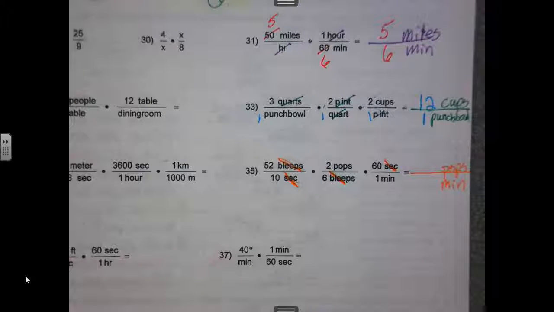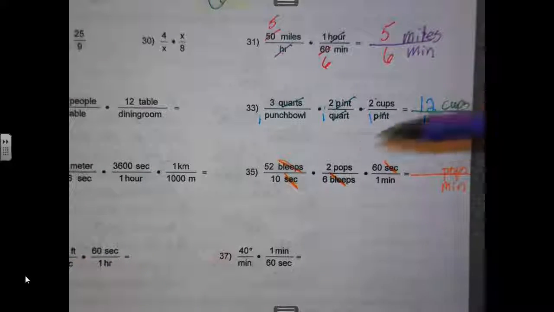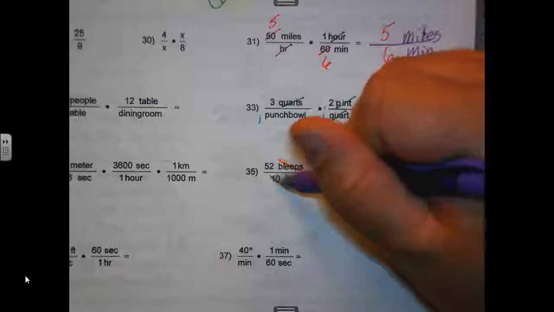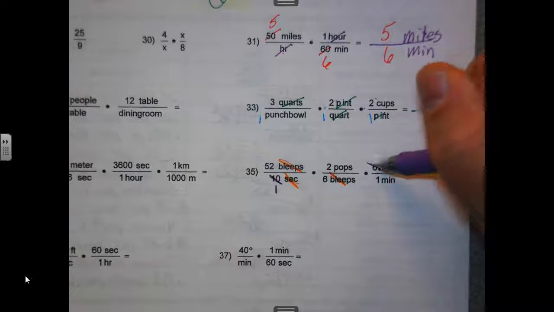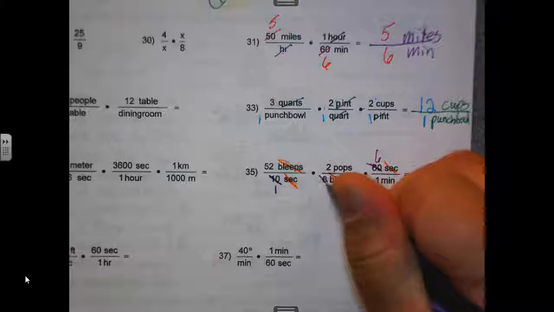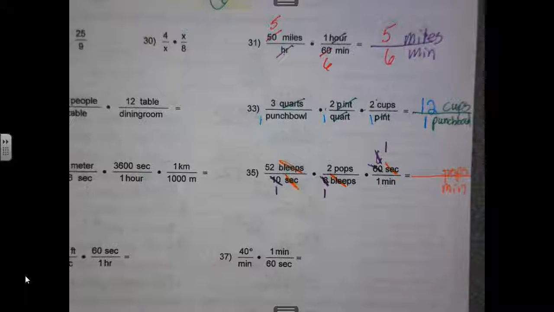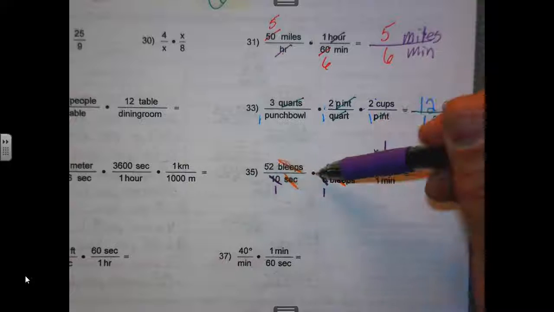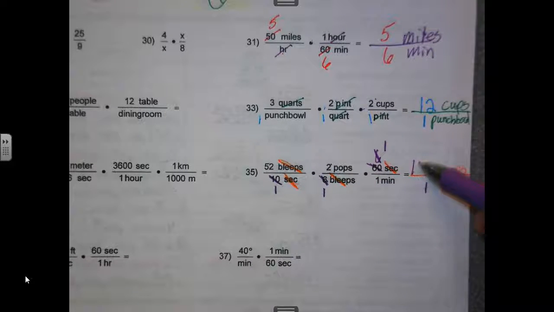Okay, numbers. I'm going to take 60 divided by 10. And then I've got the 6 left over. So I can do one factor here. And that's it. 52 times 2. How about 104?